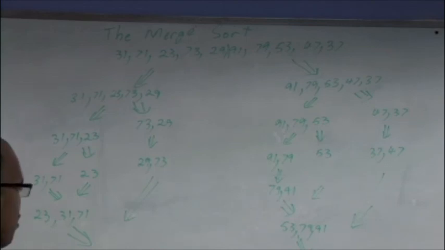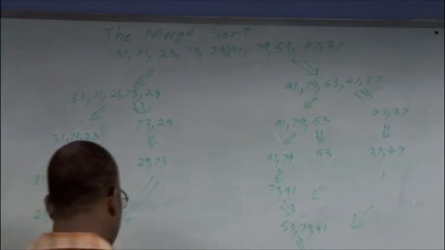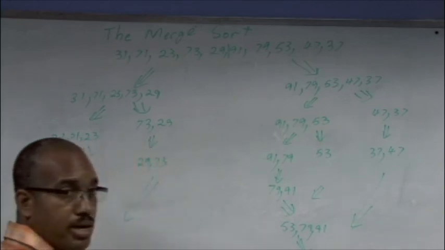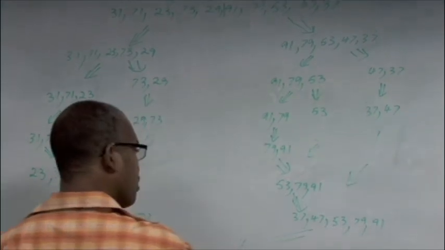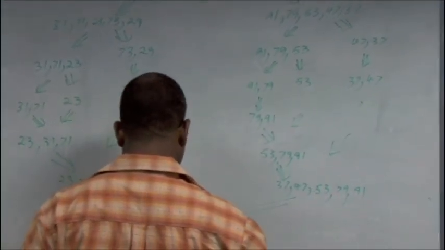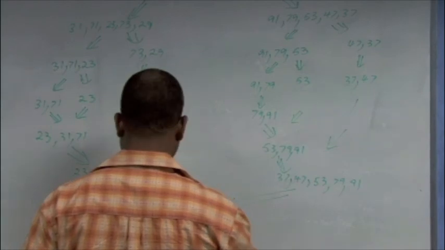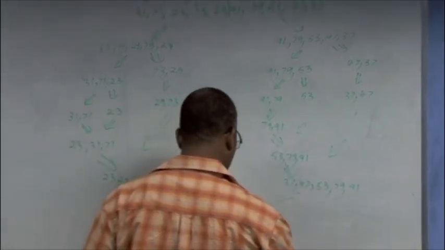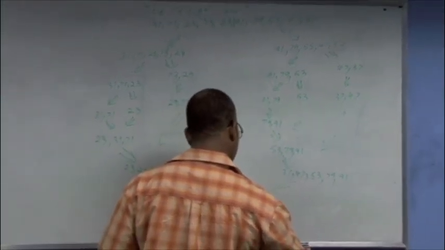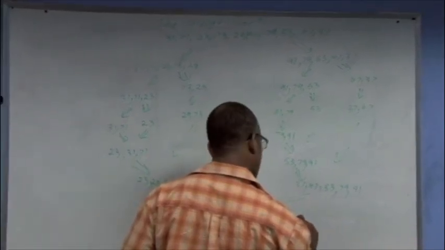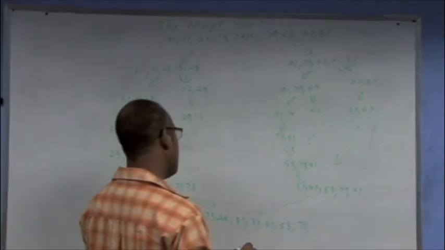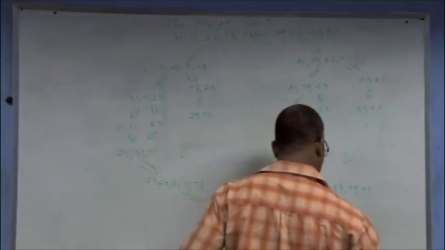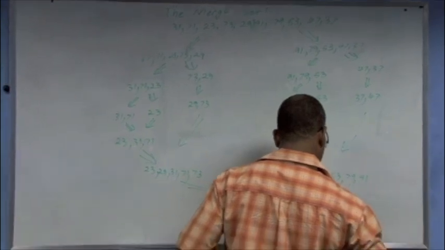First you have the 23 as the smallest thing out there, then 29, and we'll keep on finding the smallest things from either list. 37, then 53, then 71 will be the next smallest thing, then 73. That's how the merge sort works.